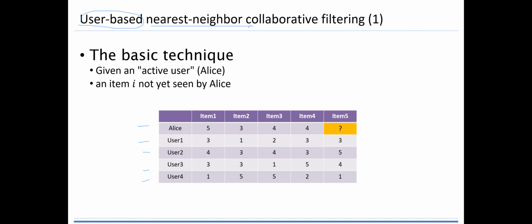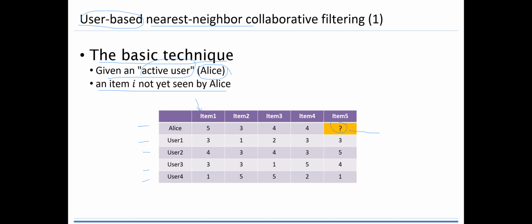Neighbor means the person who is close enough to someone. In this basic technique, I have an active user, whom I call Alice, and there is an item not yet seen by Alice, shown with the question mark. Now I have this kind of matrix.